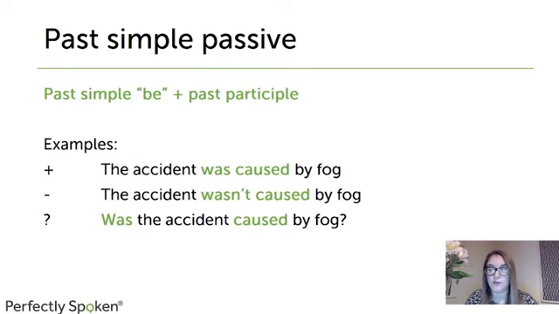So my examples, positive, the accident was caused by fog. Negative, the accident wasn't caused by fog. And interrogative, was the accident caused by fog?